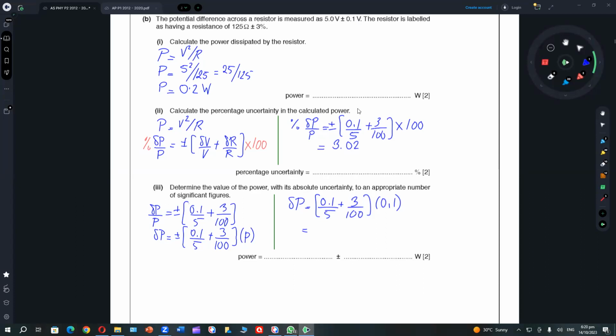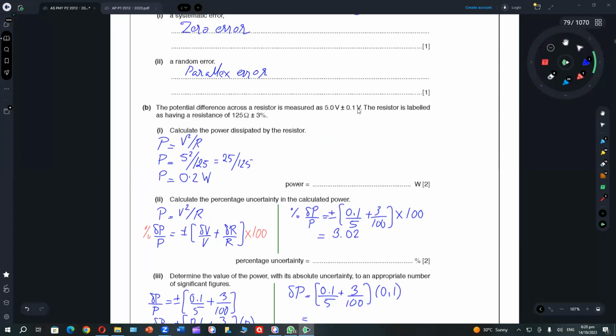Different people are getting different answers. That's very strange. 0.1106. How can the percentage be so small? Did you multiply by 100?